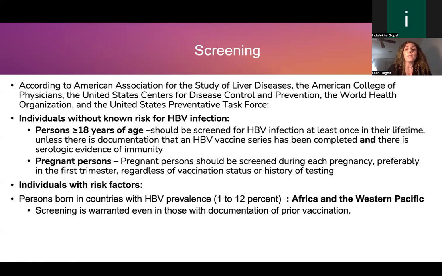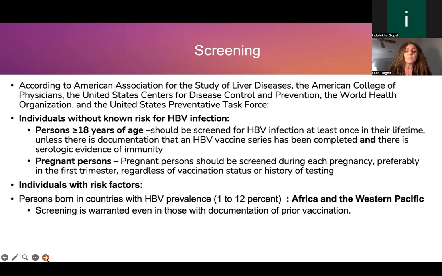Individuals without a known risk for hepatitis B infection, persons above 18 years old, should be screened at least once in their lifetime, unless there is documentation of the vaccine as well as serologic evidence of immunity. Pregnant persons should be screened during each pregnancy, preferably in the first trimester, regardless of vaccination or history of testing.